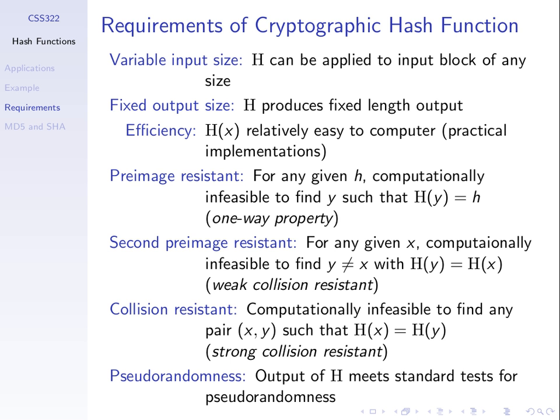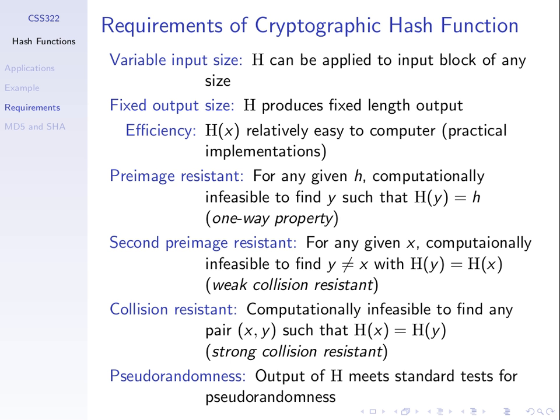I can apply it on a 10 megabyte file or 1 kilobyte file, and the hash function will work. And it will produce a fixed length output. MD5 will always produce 128 bits as output. Fixed length are normally small for practical purposes.